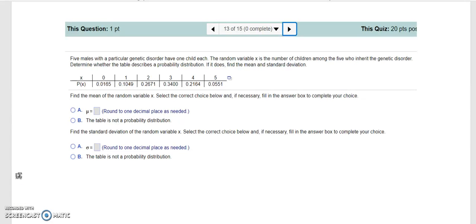Okay, so we have a few questions left. In this one, we have a probability distribution table given. We don't exactly know yet if it's a probability distribution or not. We'll test it. What we'll do is copy this table onto Excel, the x's and the probabilities.